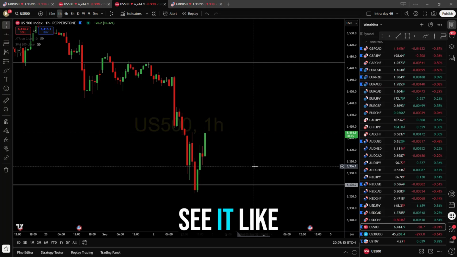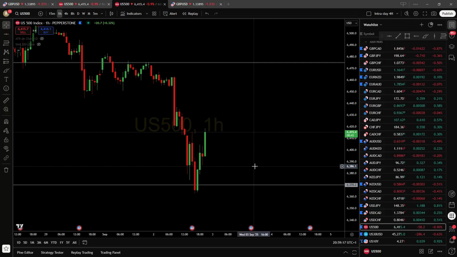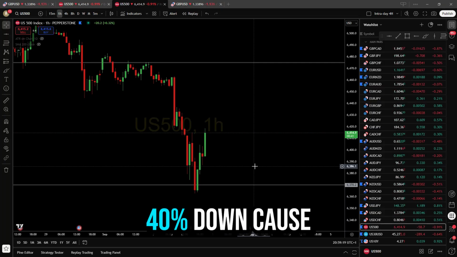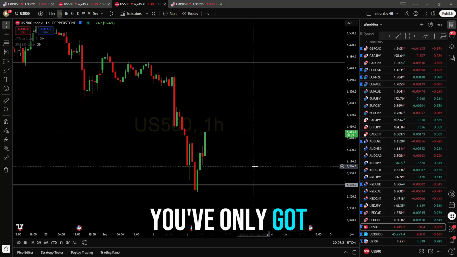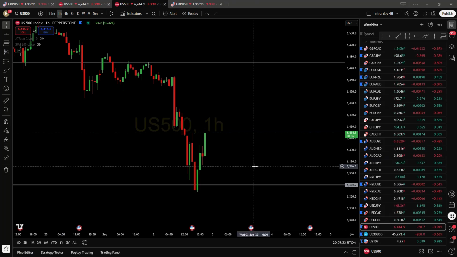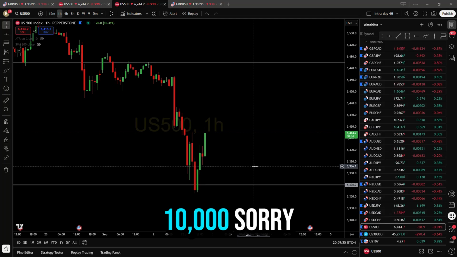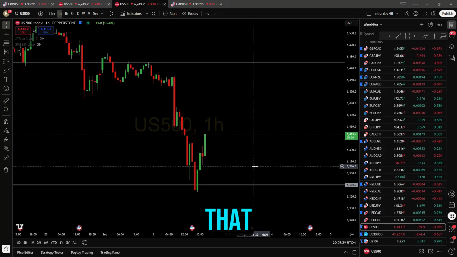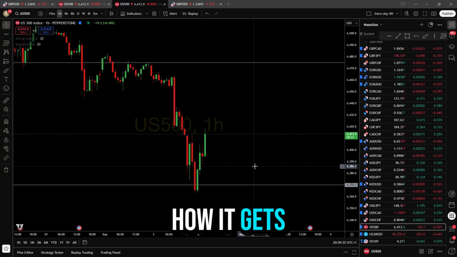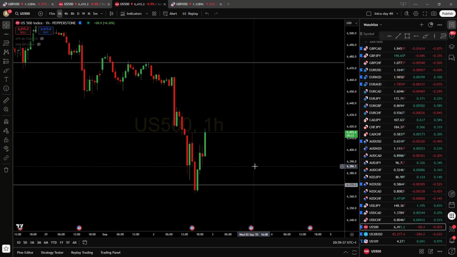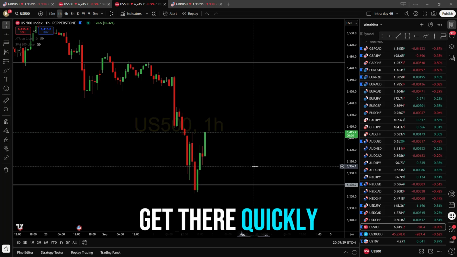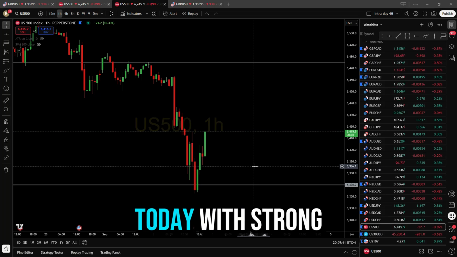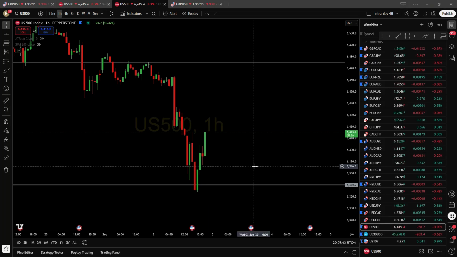Now, people don't see it like that, but to be 40% down, because you've only got 5,000, and you've already blown over $2,000 of that. So you can see how it gets really close to the line, and can get there quickly as well when you have a market like today with strong moves.